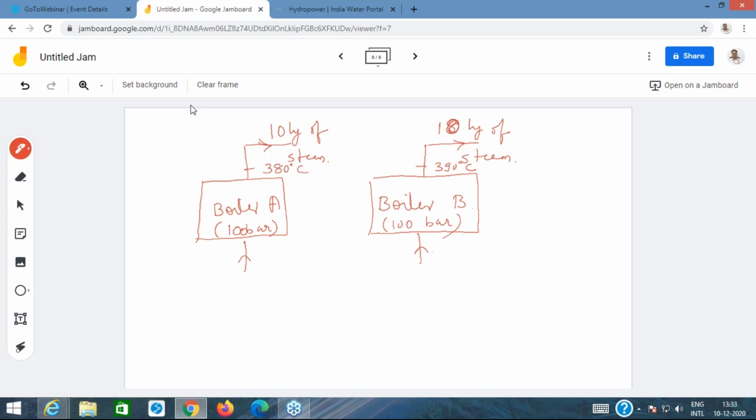Now, which is a better boiler? Now B is a better boiler. Now, suppose boiler B is generating 8 kg of steam at 390 and boiler A is generating 10 kg of steam at 380. Now, which is a better boiler?